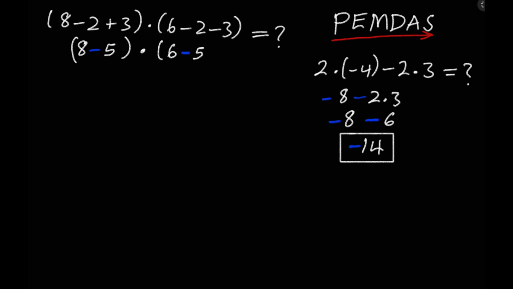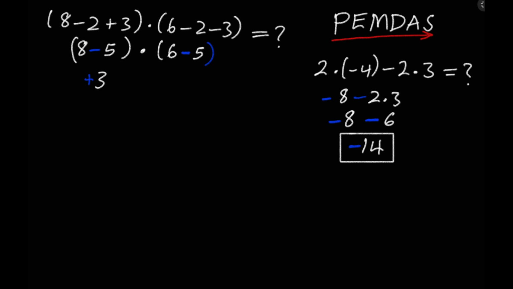You put a negative sign here. Again, in the first parenthesis, we have subtraction. 8 minus 5 is 3. Because 8 is bigger than 5, the sign is going to be positive, because the sign of 8 is positive.